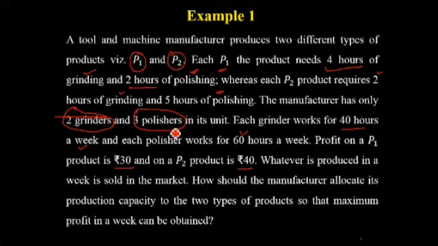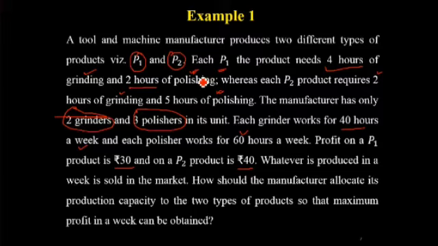Then the restrictions are there, like 2 hours of polishing for P1 and 4 hours of grinding for P1. Depending on those values and parameters, we have to formulate our constraints.